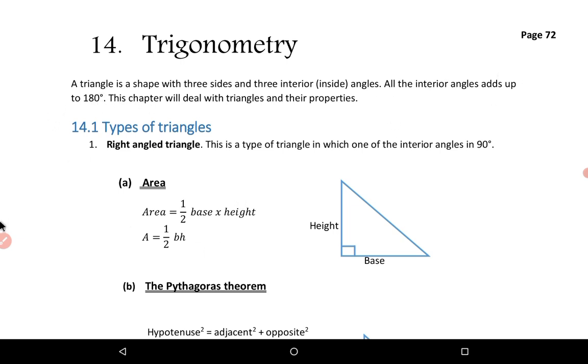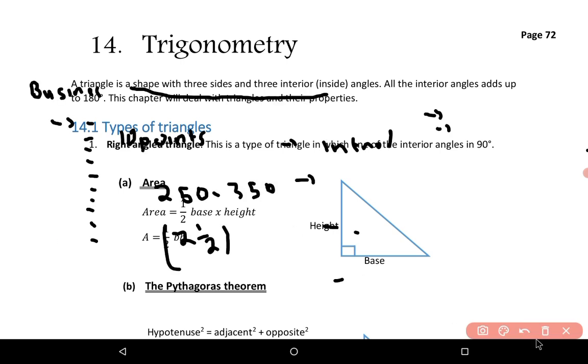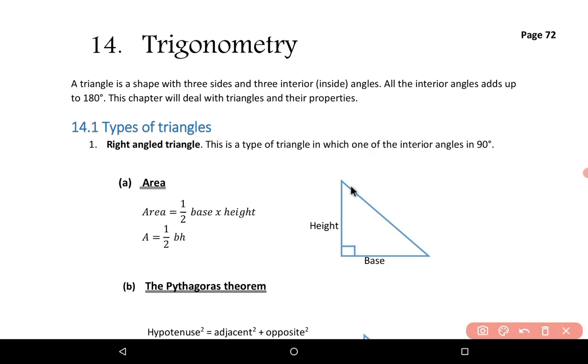So what does this mean? This simply means that if you add this angle and this one here, the sum should be 180. The types of triangles we'll start talking about is the right angled triangle.